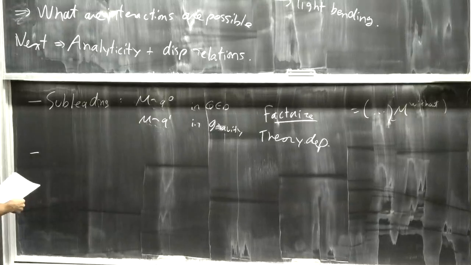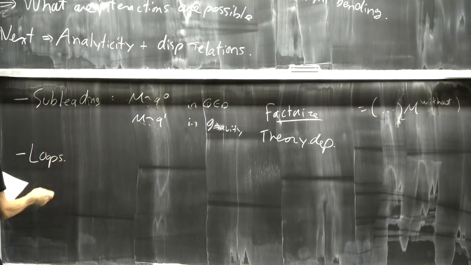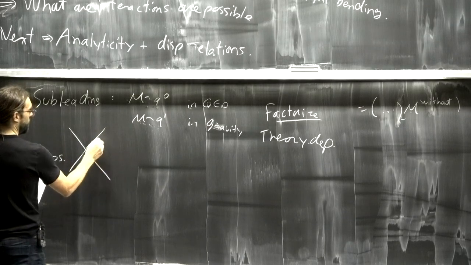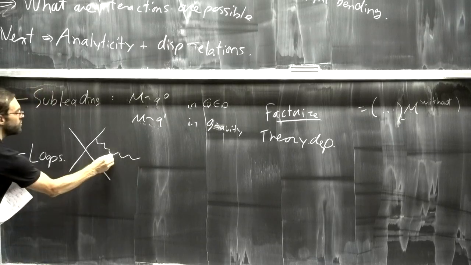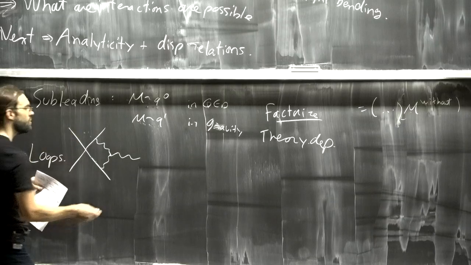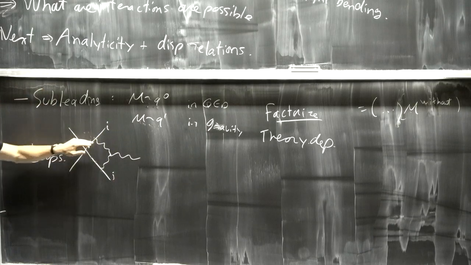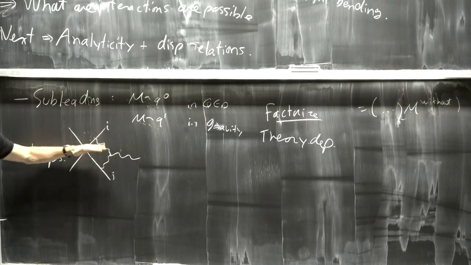Another thing that is worth mentioning is that for loops, loops have been very well studied. In Yang-Mills theory, for example, at one loop, you have graphs like this, which can couple more than one source. So you have one soft gluon that is sourced by 2 charged particles.